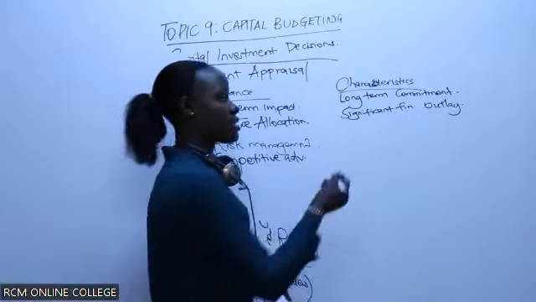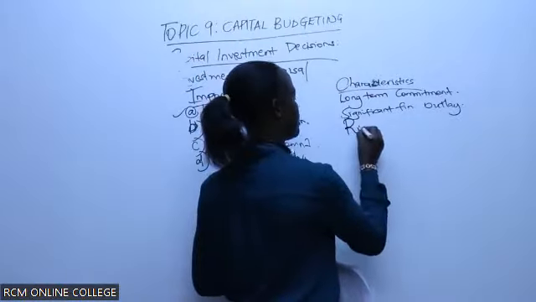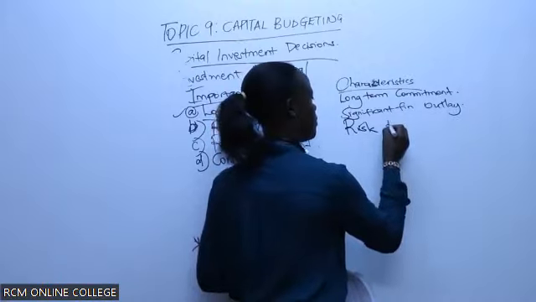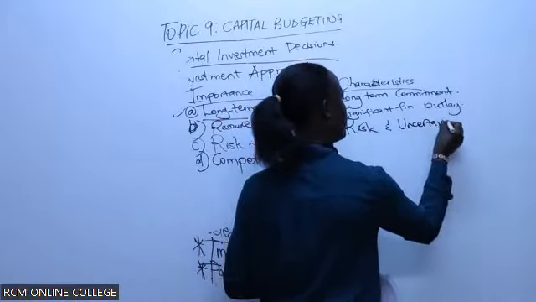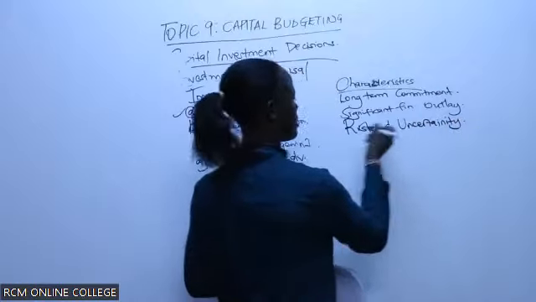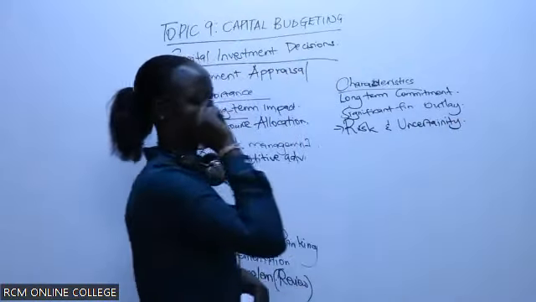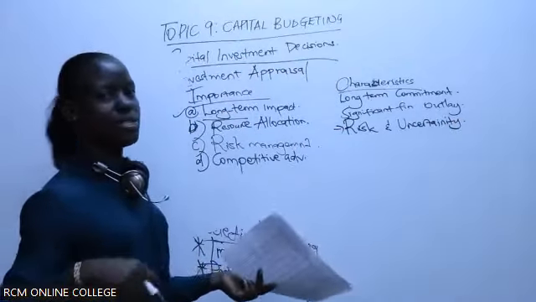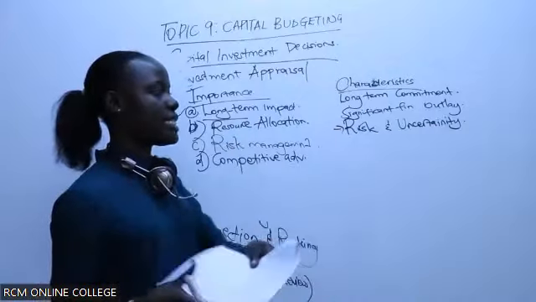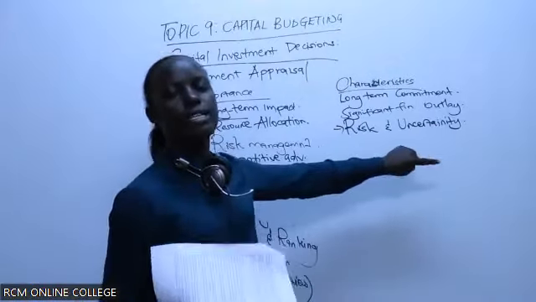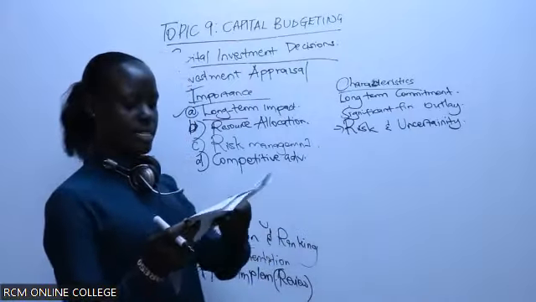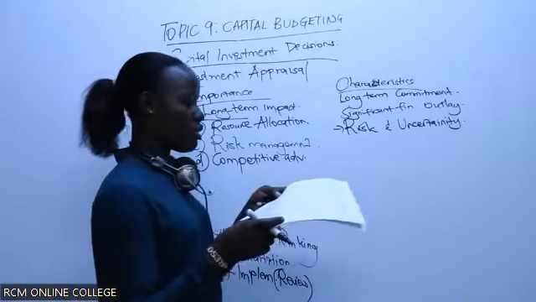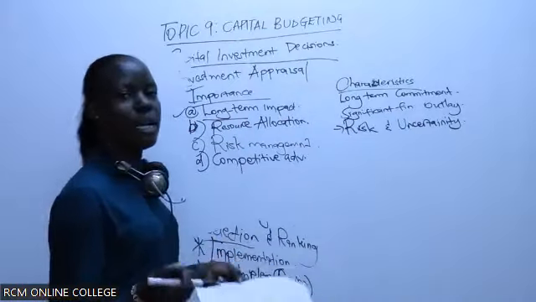We can talk of risks and uncertainties. This is self-explanatory. You don't begin a project with 100% assurance that your project will be successful. So it has the aspect of risk and uncertainties. We can also talk of complex evaluation.